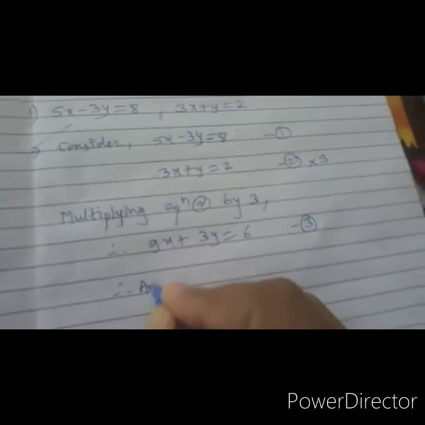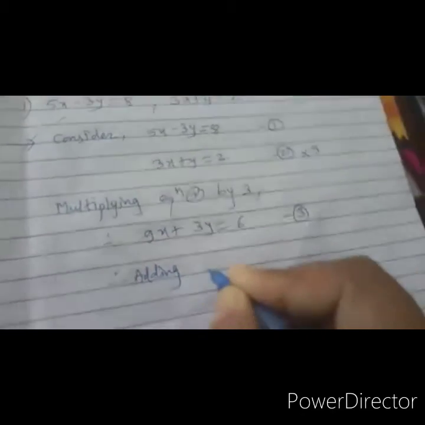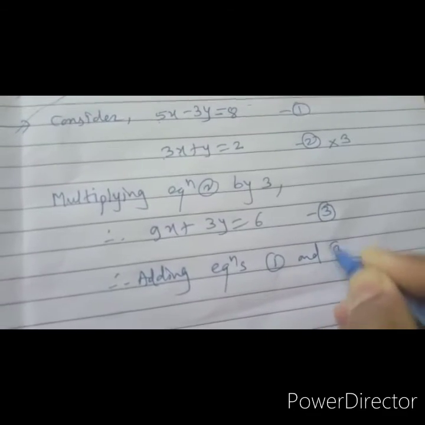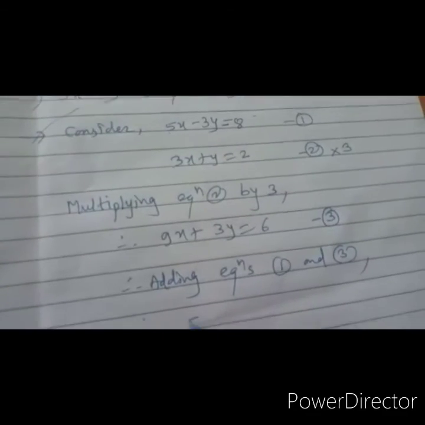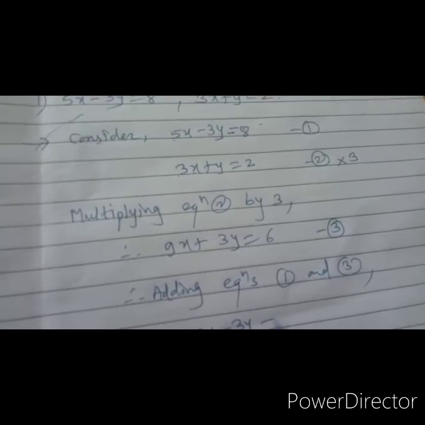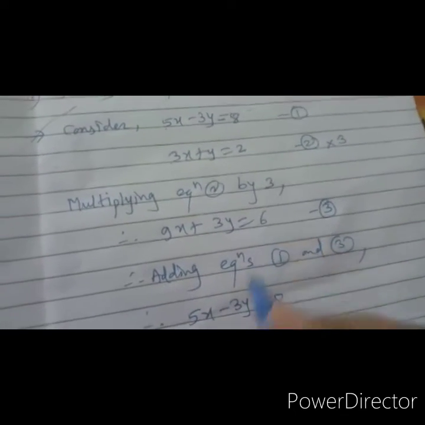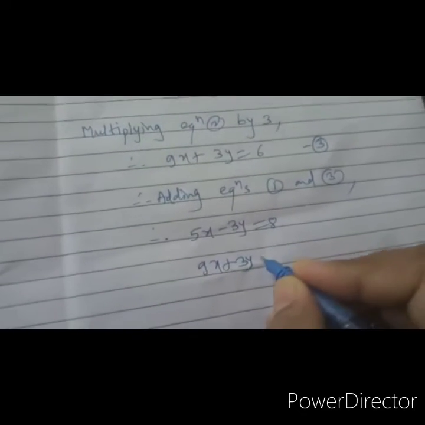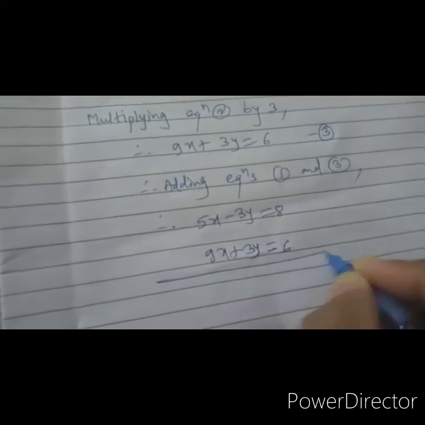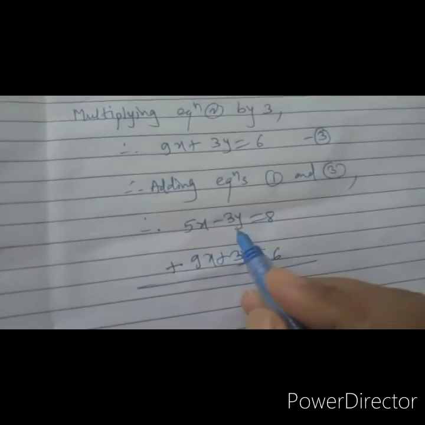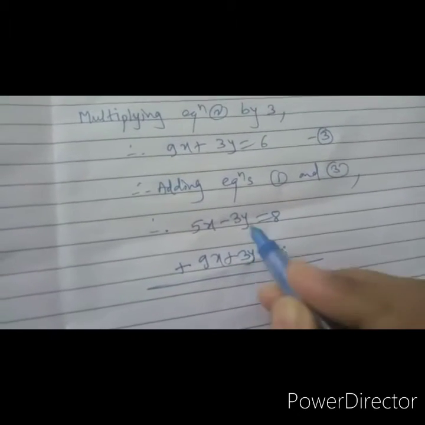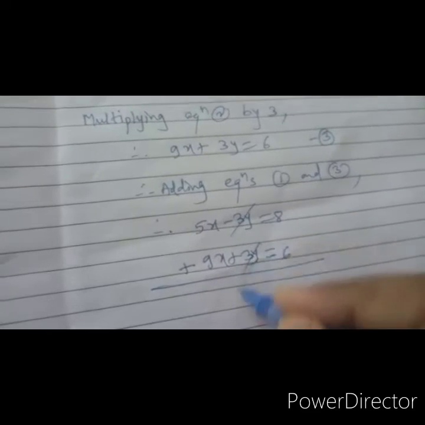Therefore, adding equations 1 and 3. 5x minus 3y is equal to 8, and equation number 3, that is 9x plus 3y is equal to 6. Therefore, here plus 3y and minus 3y get cancelled, that is plus 3 minus 3 is 0.